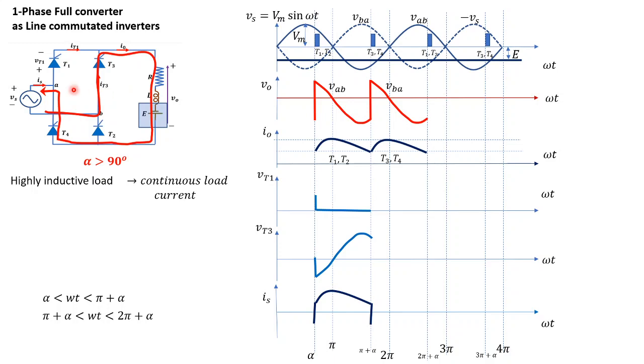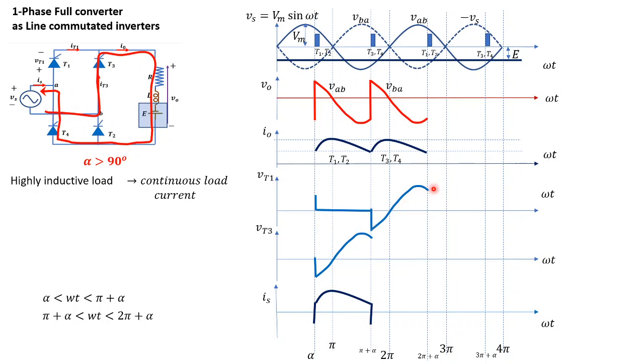You can see the voltage across T1 is equal to VAB, because it acts as an open circuit, and the voltage across T2 is also VAB. So VT1 is equal to VAB, and VAB during this period is this. This is the voltage across T1, which is also equal to VT2.